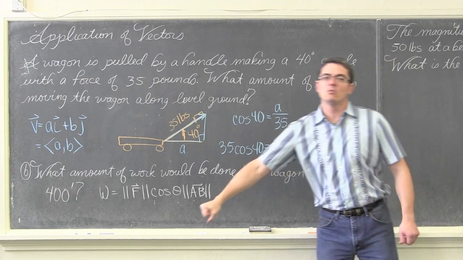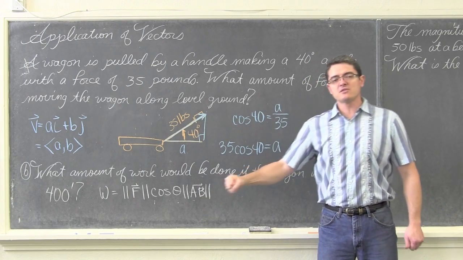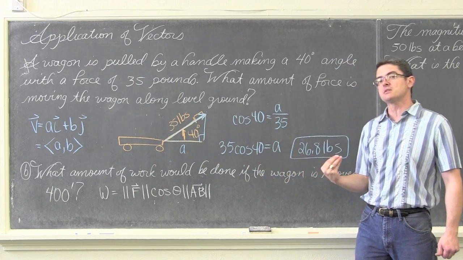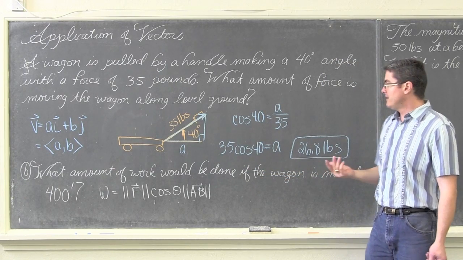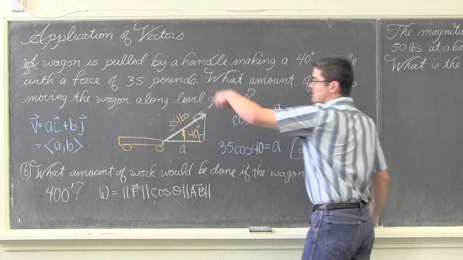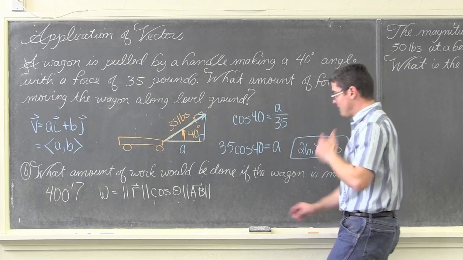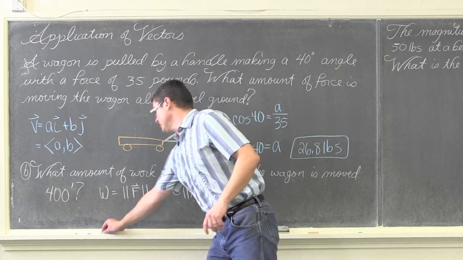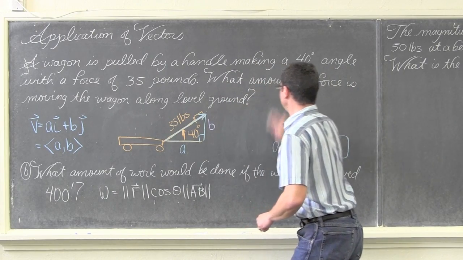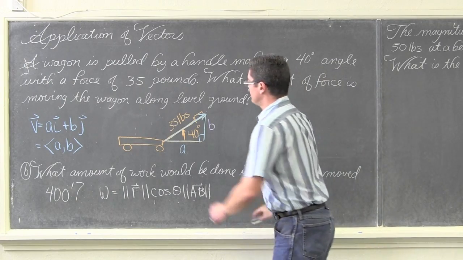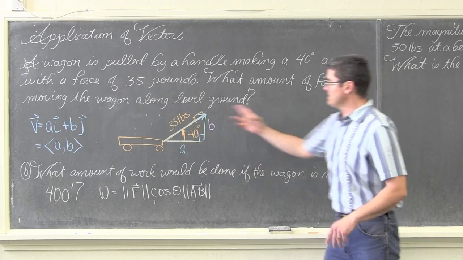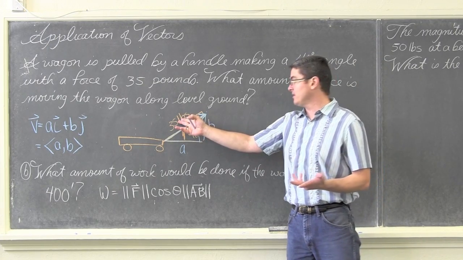So, if you're pulling that handle with 35 pounds of force, actually only 26.8 pounds of that are helping to move it horizontally along the flat plane. Now, it's not part of this question, but if you wanted to know how much of your energy is lifting up, how much wasted energy you have, you would find the vertical component B. Based on this 40-degree angle, B is the opposite side, and 35 pounds is the hypotenuse.